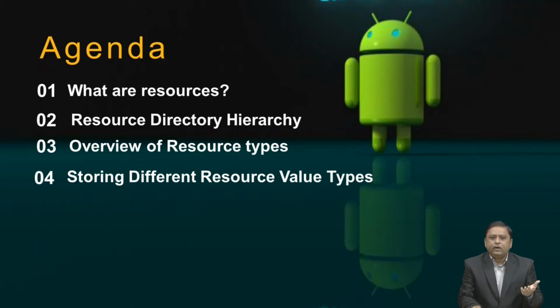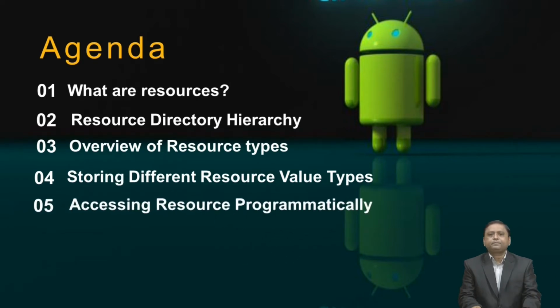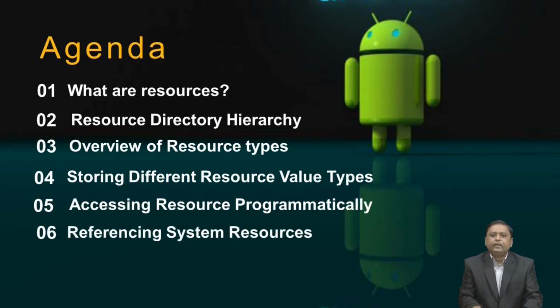We will learn how to store different resource value types inside resource directory, and we will learn how to access resources stored inside this directory programmatically. Then we will learn how to reference system resources.